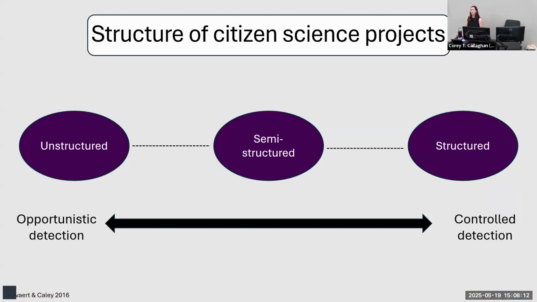So another important aspect to think about with all of these projects is the way that data is collected. And so here we have this continuum of opportunistic detection, which is essentially just not planning on collecting data, just collecting it by happenstance, and then controlled detection, which would be very much planned. And so the projects that I'm working with are good examples of falling on this continuum.